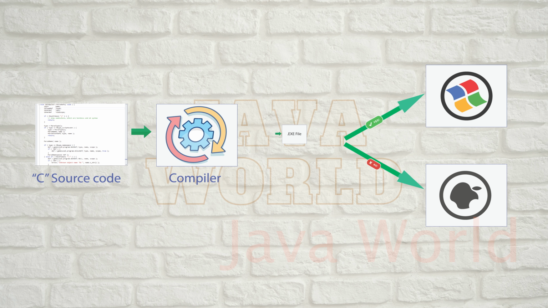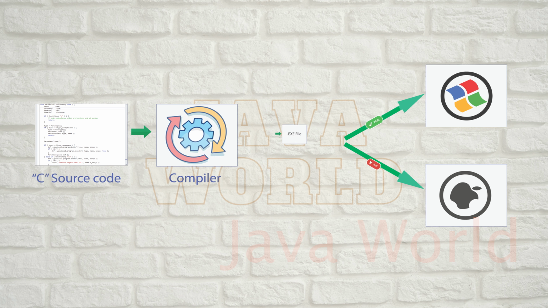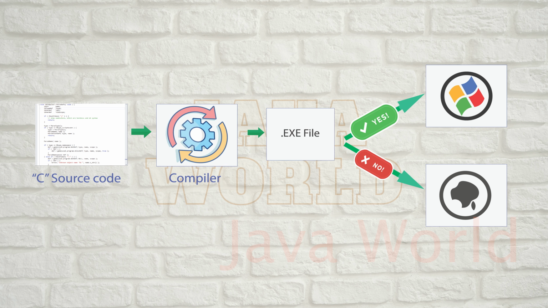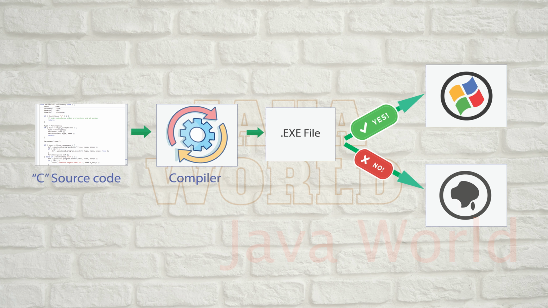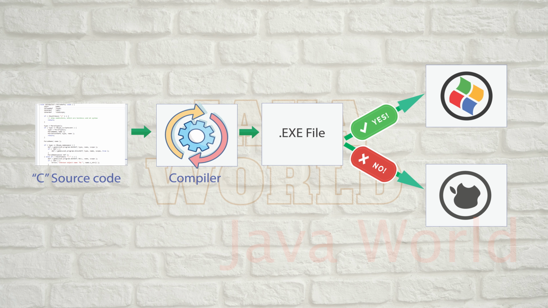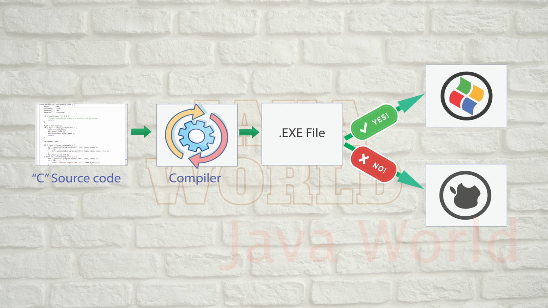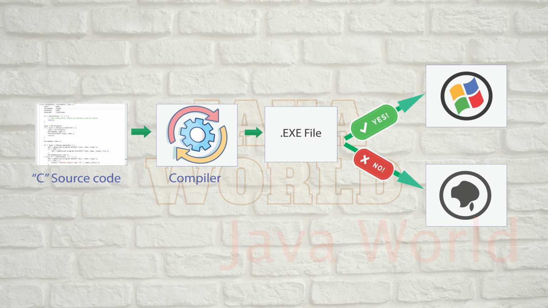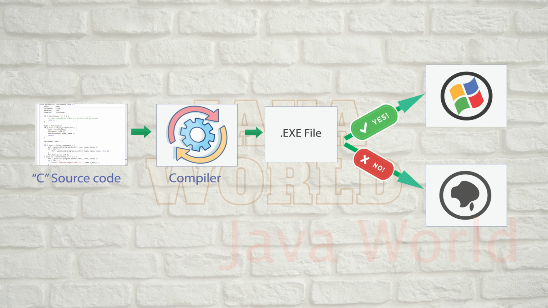This natively generated code runs only on Windows operating system. This file cannot run on Mac, Unix, or other operating systems as the machine code is different for different operating systems. Thus, C++ is a platform-dependent programming language.